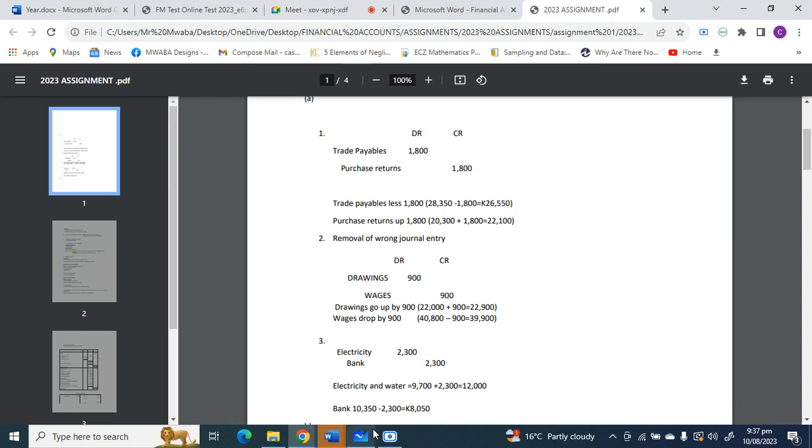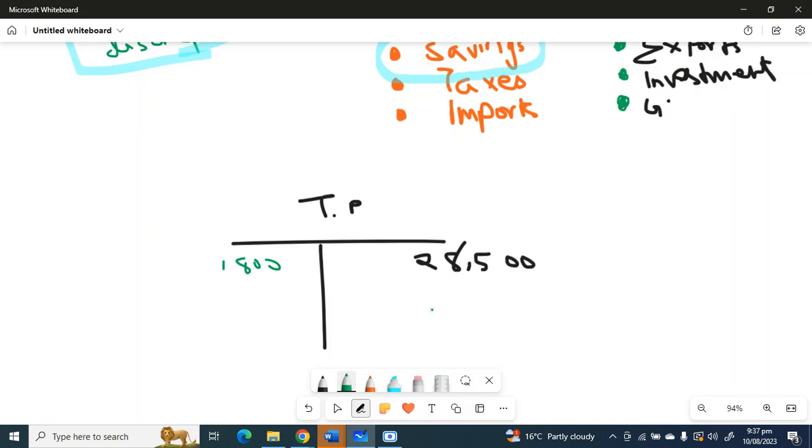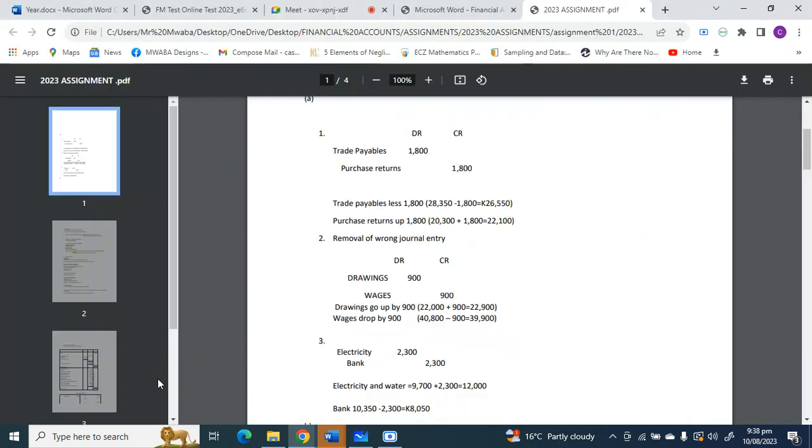Here it was supposed to be 28,350, so when you deduct, it becomes 26,550. Then also our purchase returns.